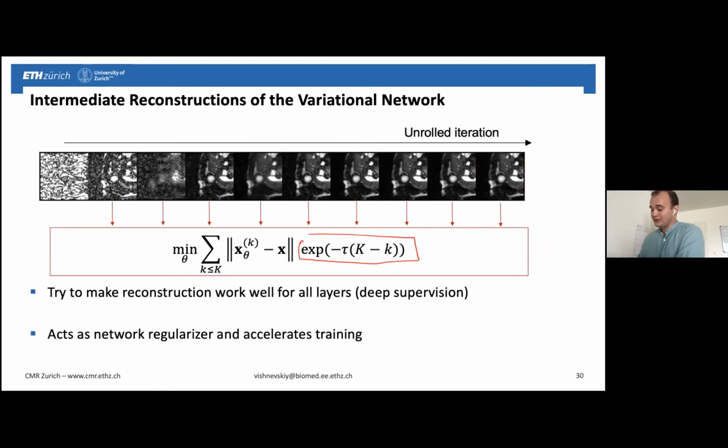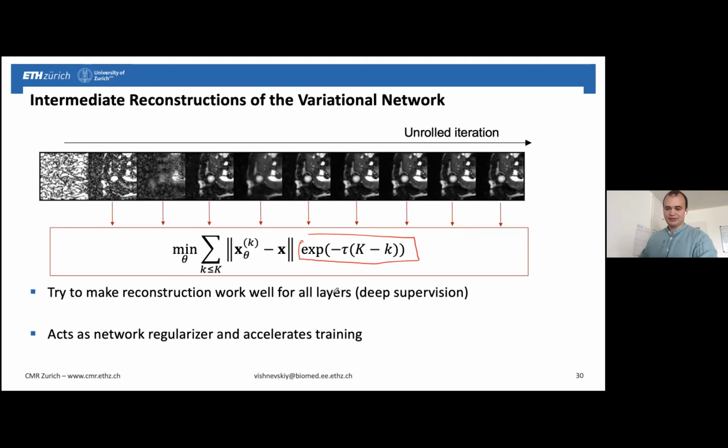So basically, we want to penalize the loss on the last layer the most, and on the first layers the least. This can act as a regularizer because it constrains the possible configurations of the network. But it can also be seen as something that helps you train the network, because you can gradually set tau to infinity so that in the end you will penalize only the reconstruction at the last layer.